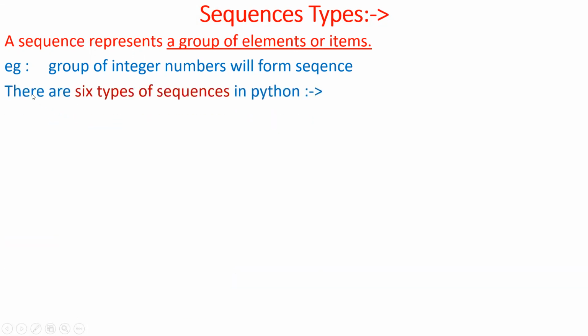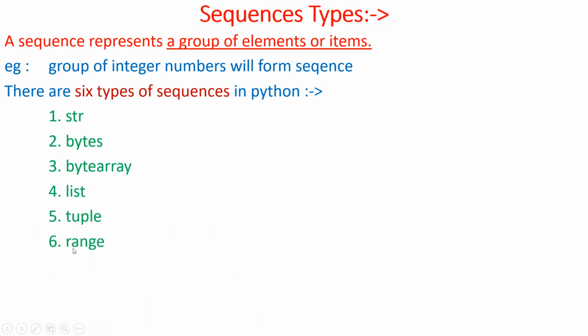So there are a total of 6 types of sequences in Python. As you already know: str, bytes, byte array, list, tuple, and range.